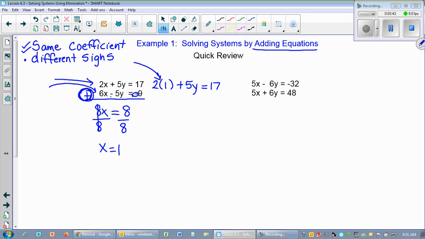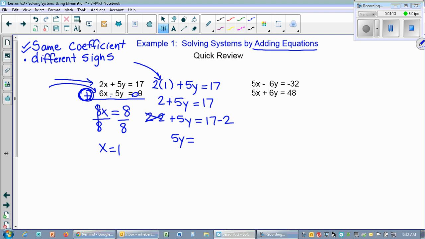So we'll solve first. 2 times 1 is 2, plus 5y is equal to 17. We need to get the 5y all alone. So we need to move this constant to the right. The opposite of plus 2 is minus 2. And if we minus 2 on the left side, we must minus 2 here on the right side. 2 minus 2 eliminate, leaving me with a positive 5y.